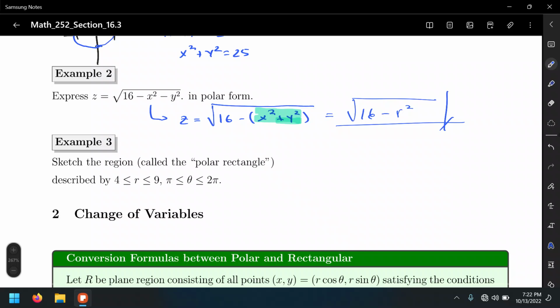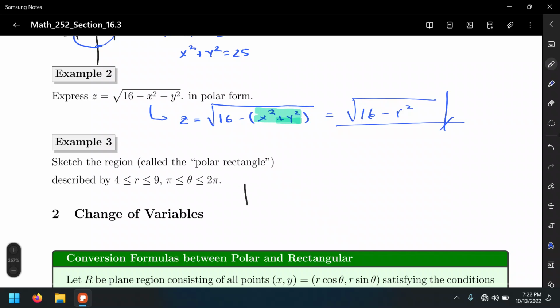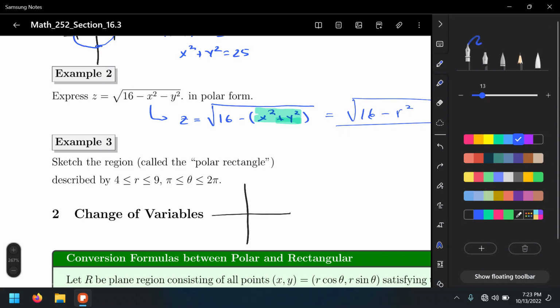In this case, the way we want to understand this one is, well, let's draw 2 circles. This describes everything inside of the circle of radius 9 and greater than the radius of 4.